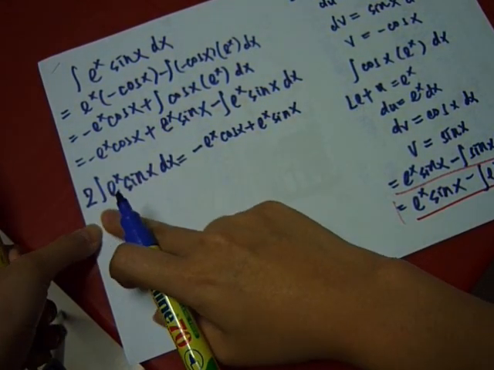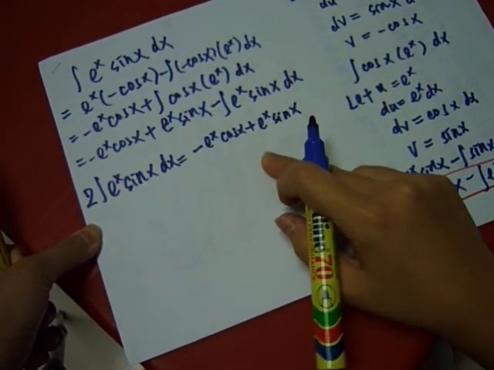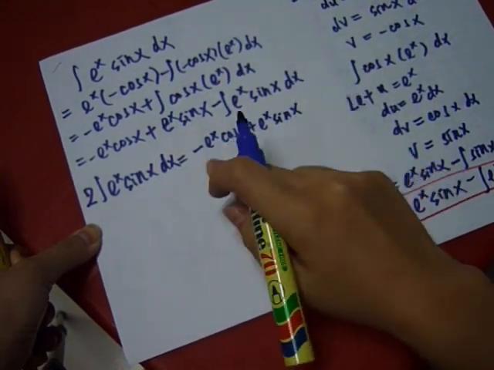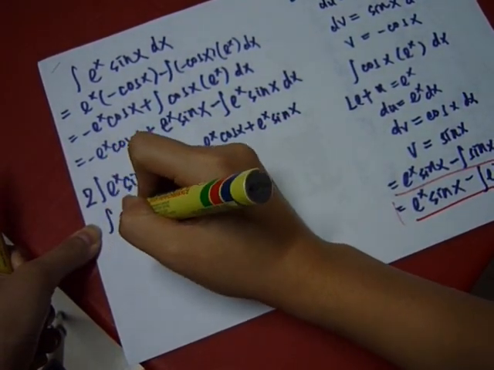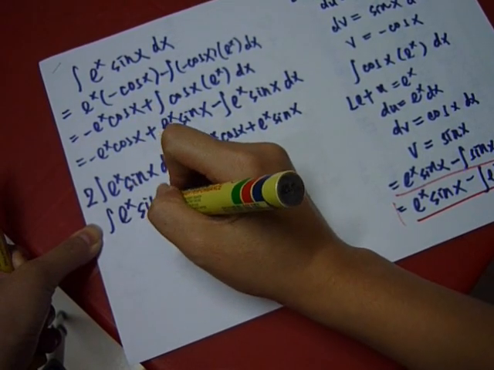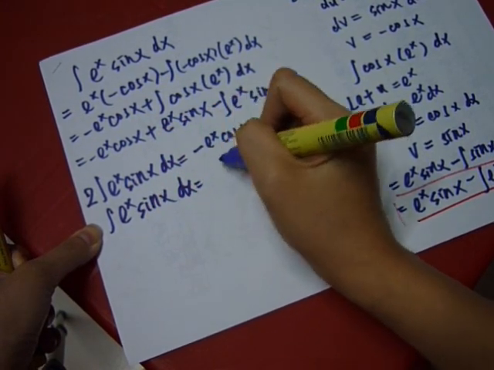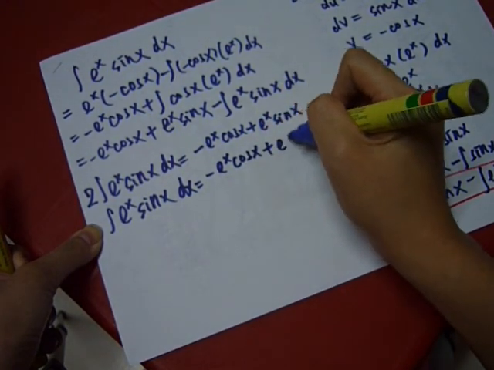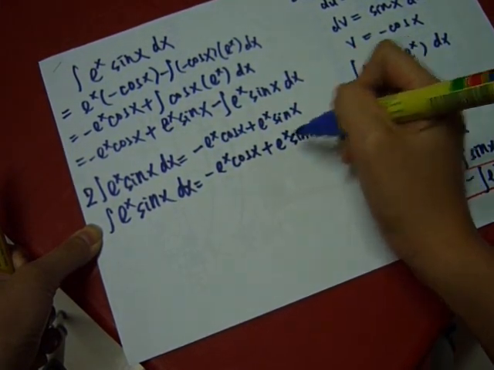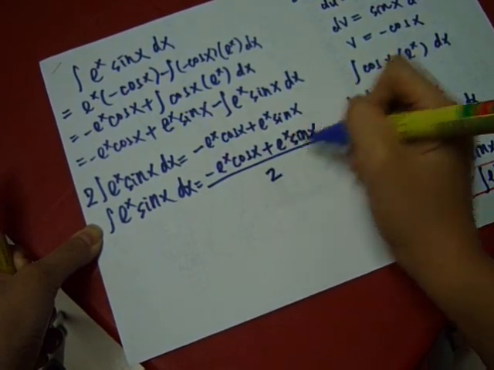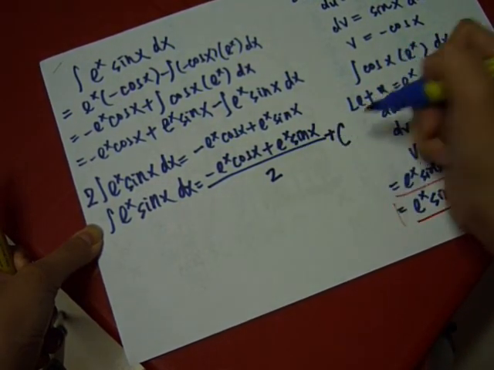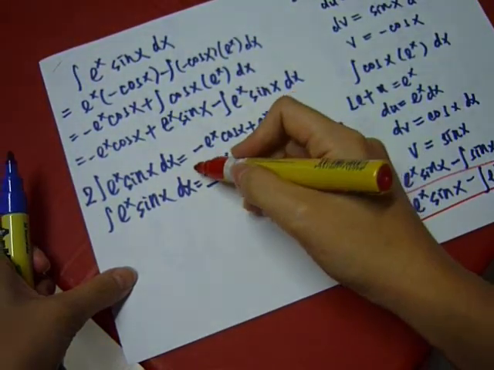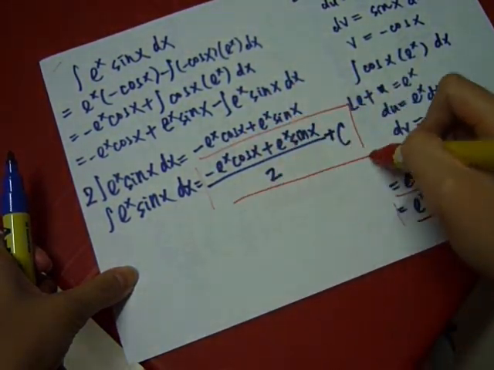So these two can move to the right hand side, so it is here divided by 2, plus c. So this is the final answer.